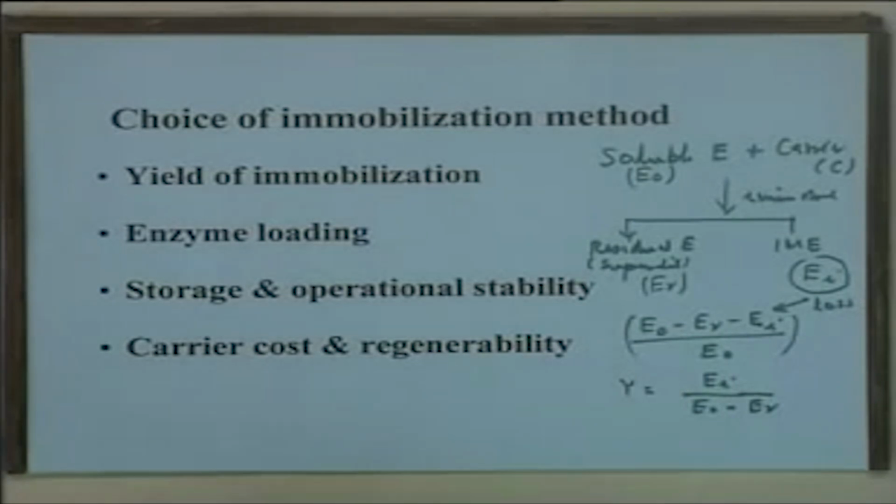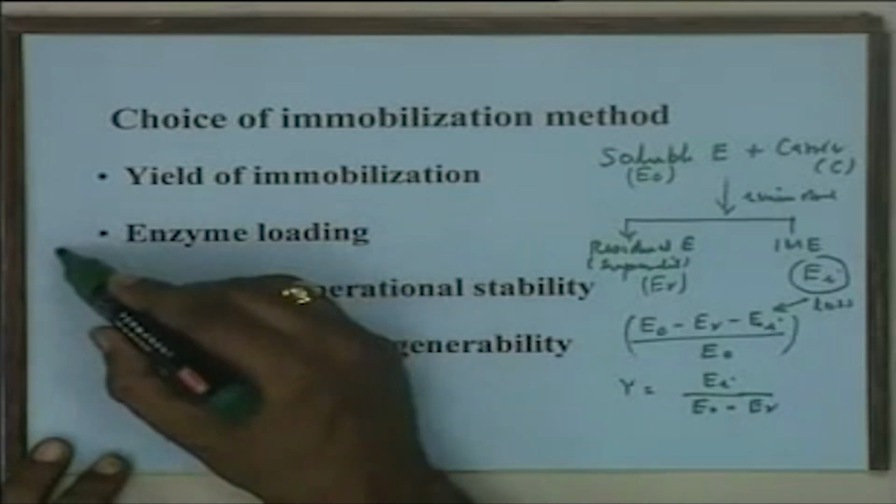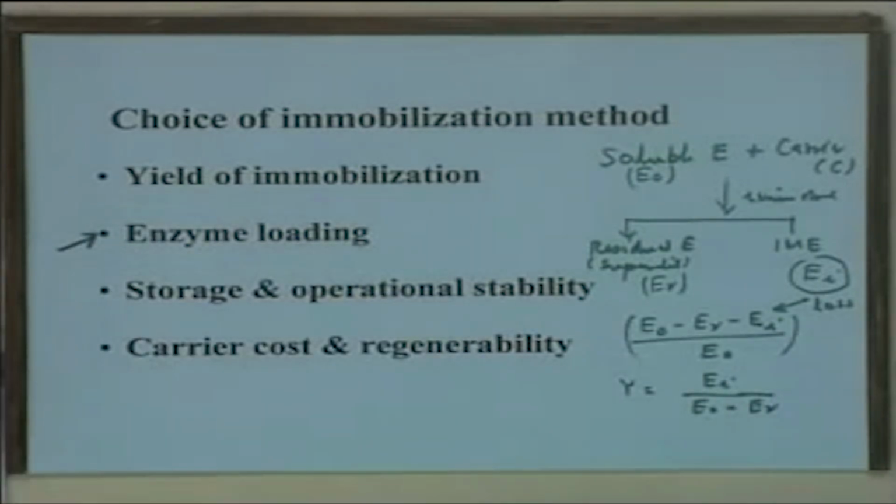The other factor which is important to be considered is enzyme loading. That becomes almost a similar parameter to what you consider in the case of a soluble enzyme, specific activity. When we talk about specific activity, the higher the specific activity, the catalytically better the enzyme.